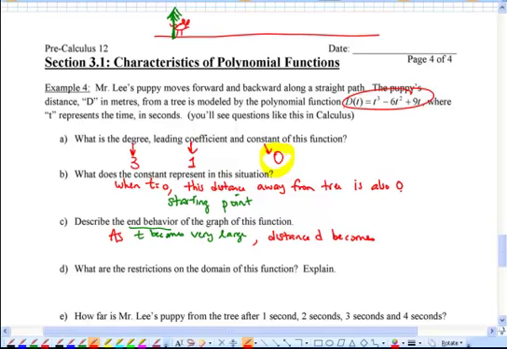Let's plug in a big number like 1,000. 1,000 cubed, that's a lot. Minus 6 times t squared, that's a lot, but not as much as the cubed, plus 9t. Well, it looks like it's getting big too, so the distance d also becomes very large. Okay, and if you like the calculus term, we'll say it approaches infinity.